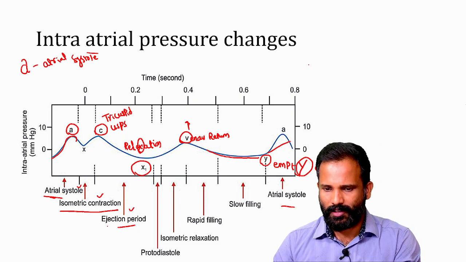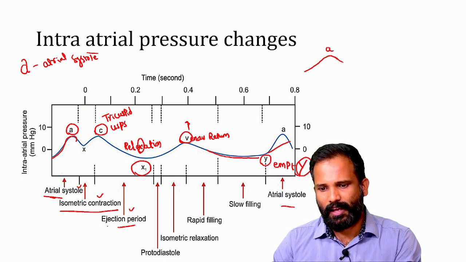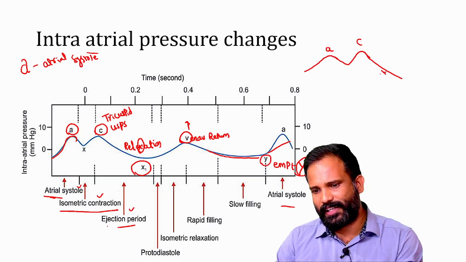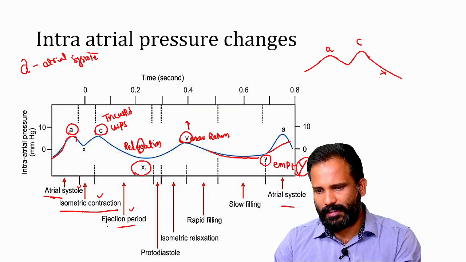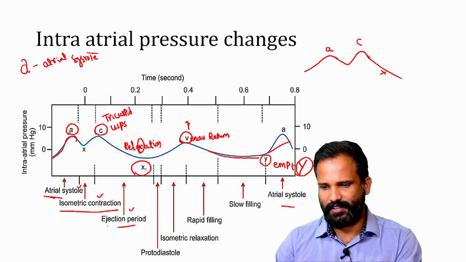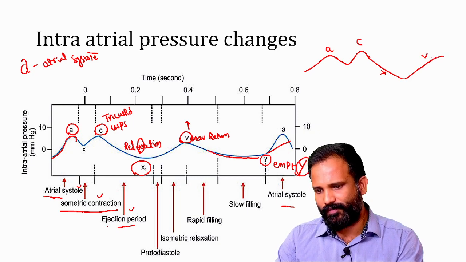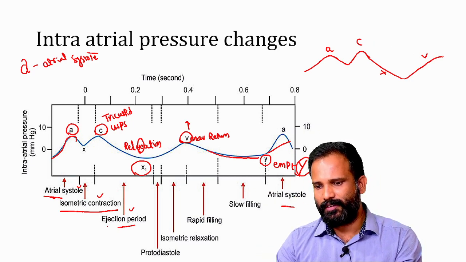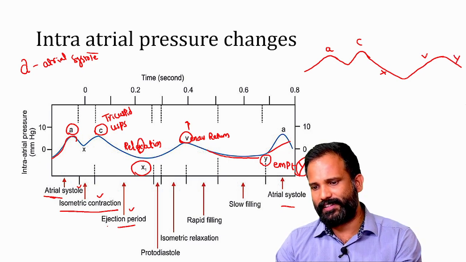I'll go through it again. Atrial systole, increase in pressure, so A wave, and then bulging of the cusps gives you the C wave, and then we get the X descent due to the relaxation and also due to the ejection phase, and then venous return due to the inflow of blood into the atria, then rapid filling and slow filling where the blood is emptied, so Y descent.